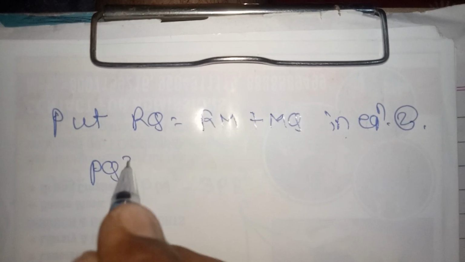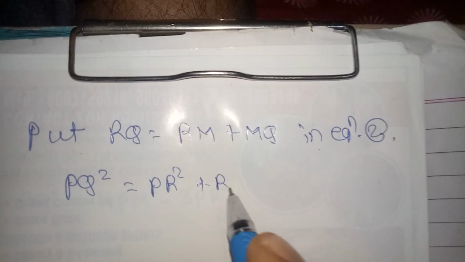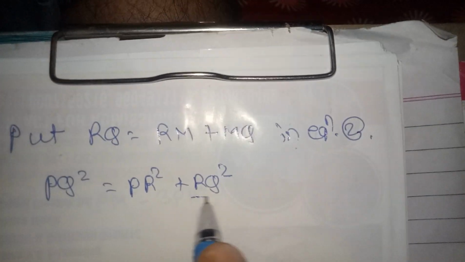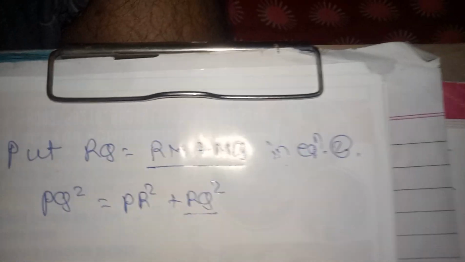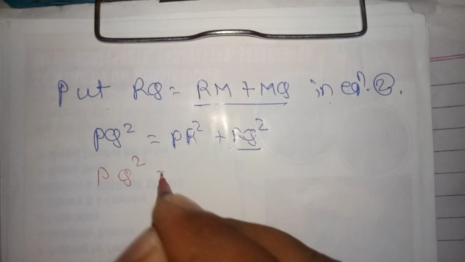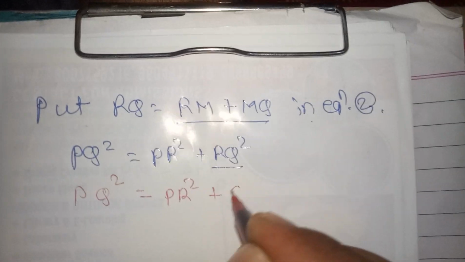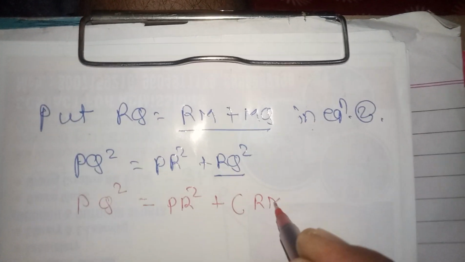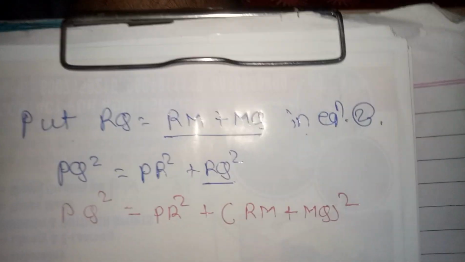What was equation second? PQ square is equal to PR square plus RQ square. Instead of RQ we have to put the value RM plus MQ. Then the equation will become PQ square is equal to PR square plus (RM plus MQ) bracket square.